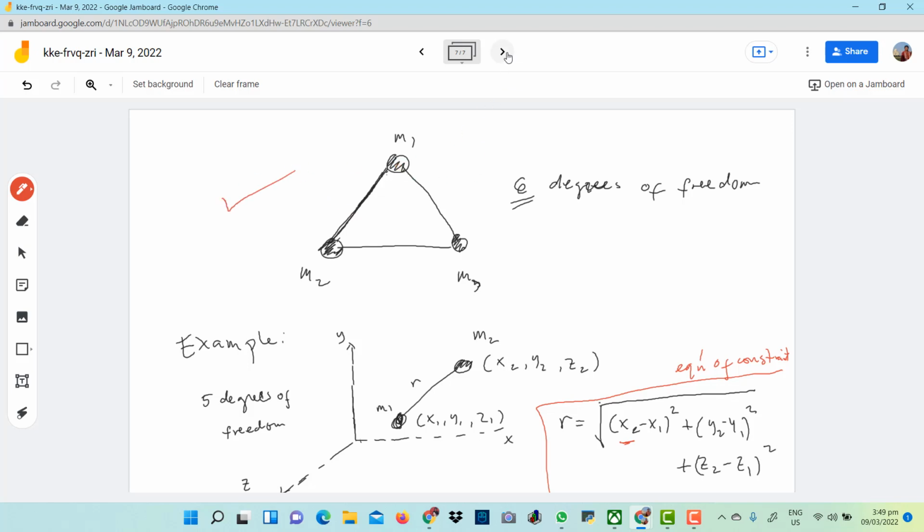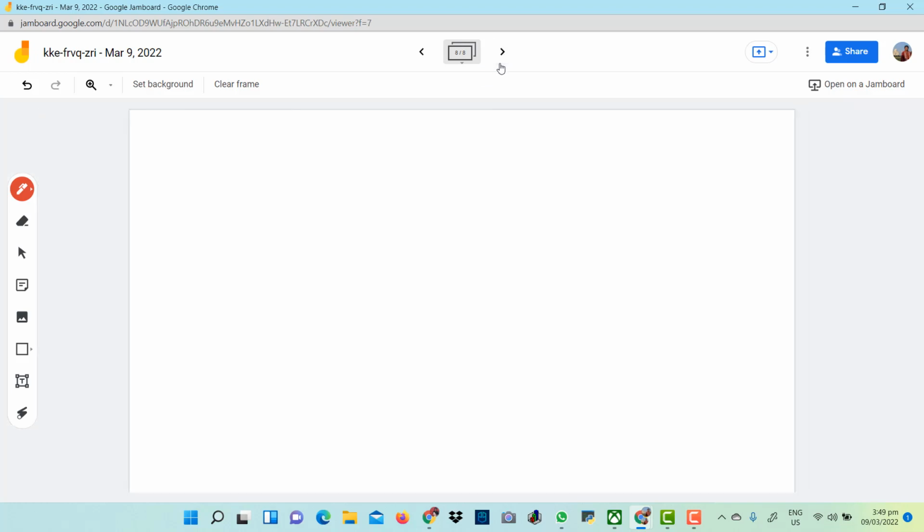Okay. How about this? Say we have an example of a triangle. So, okay, I have M2, M1, and then M3. Say the coordinates here. So you connect them, with sides L1, L2, and L3.